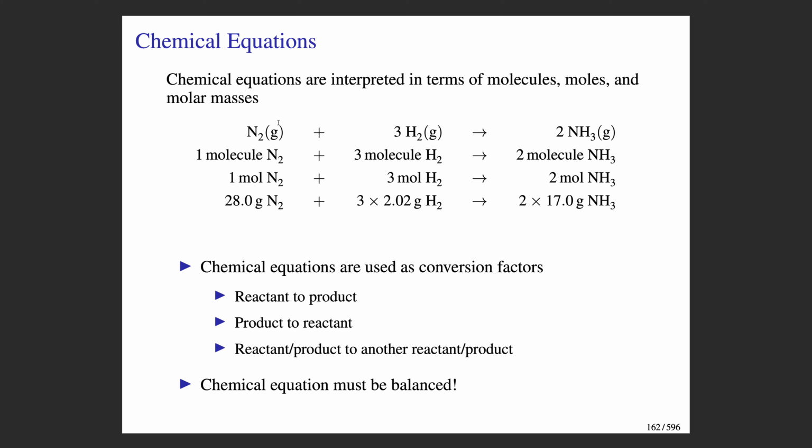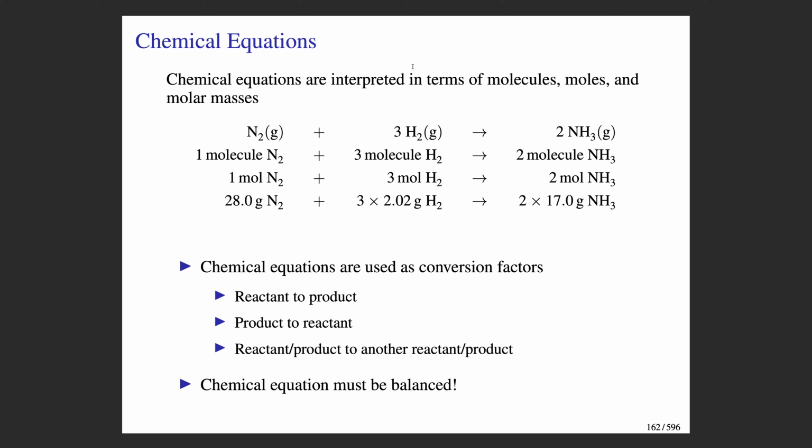Chemical equations can be used as conversion factors. For example, let's suppose that you have a given amount of nitrogen. You may want to know how much ammonia can I produce from that amount of nitrogen. So you can convert from grams or moles or molecules of nitrogen to grams, moles, or molecules of your product, ammonia. Or you can go the other way. Suppose you need to make a certain amount of ammonia.